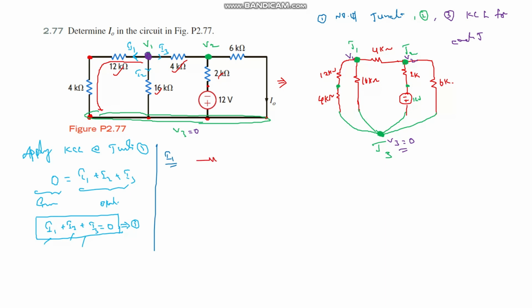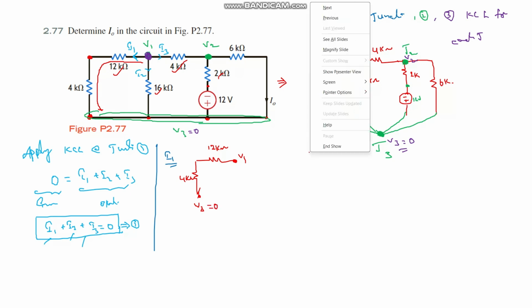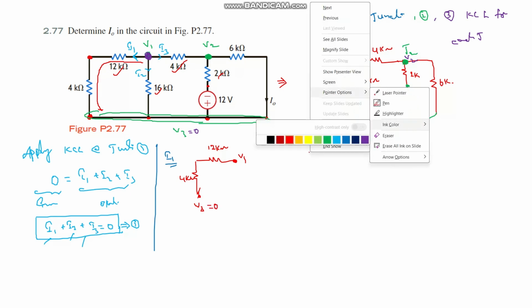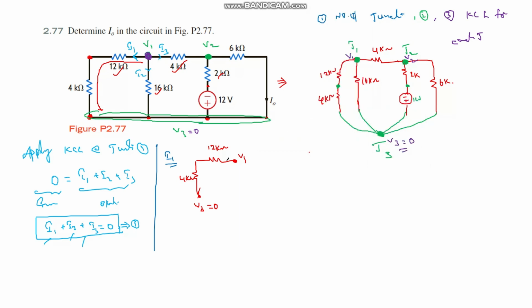Just draw that path as it is. This is the 12 kilo ohm resistance, this is the 4 kilo ohm resistance. This is V1 and this is V3. Here the reference voltage V3 is equal to 0 and my assumed current direction is like this. This is I1. Now apply KVL for this loop.